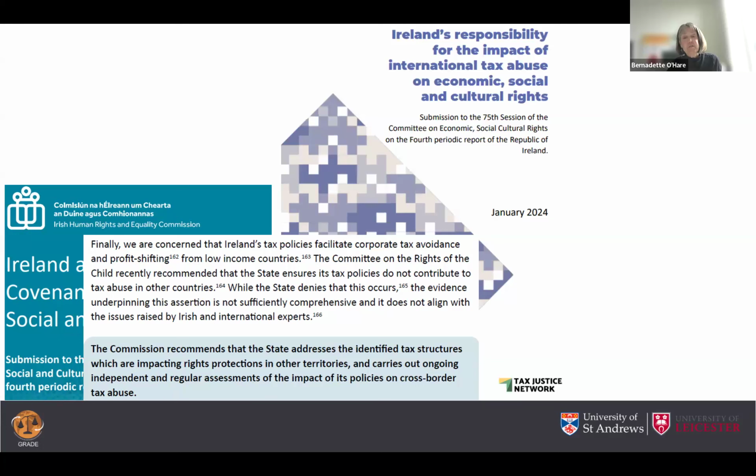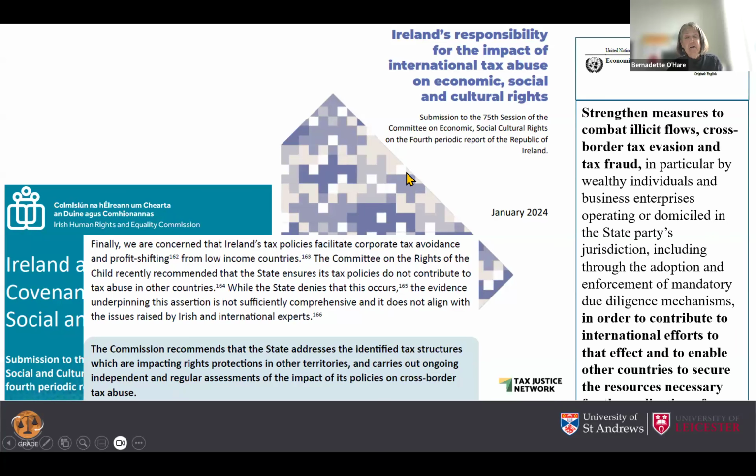And ourselves in the Tax Justice Network also submitted to the Committee on Economic, Social and Cultural Rights, and the committee also asked Ireland to strengthen measures to combat cross-border tax evasion, to contribute to the international efforts to ensure everyone has 100% access to the SDGs, or economic, social and cultural rights.